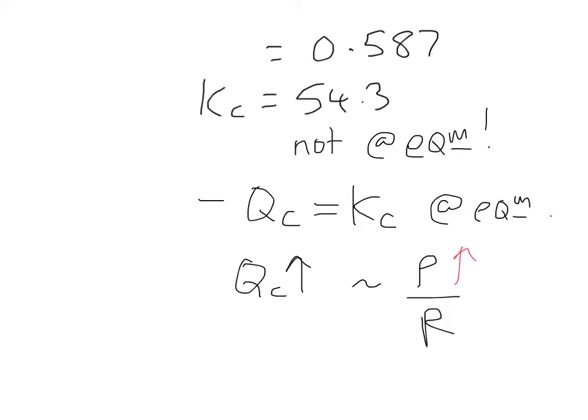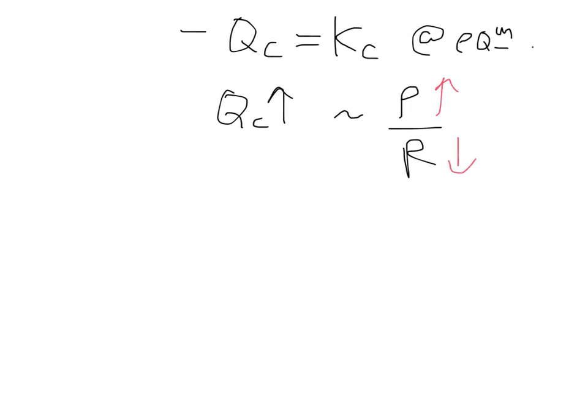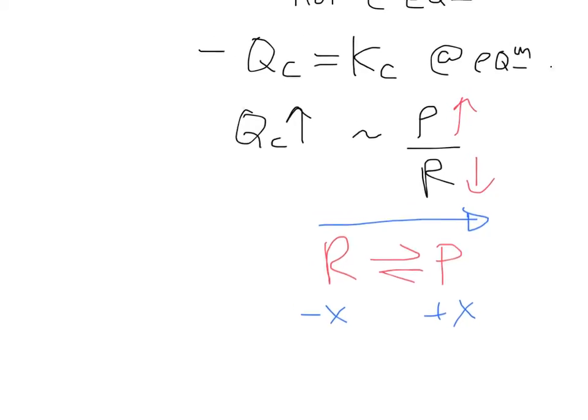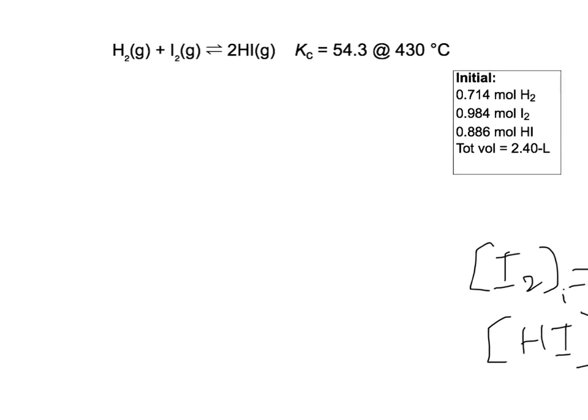So the only way to make Q bigger is the products have to go up, and the reactants have to go down. Looking at our equilibrium, reactants forming products, for products to go up at the expense of reactants, we are shifting from left to right. That means we're using up reactants and making products. So that tells us right off the bat that we are causing a shift from left to right.